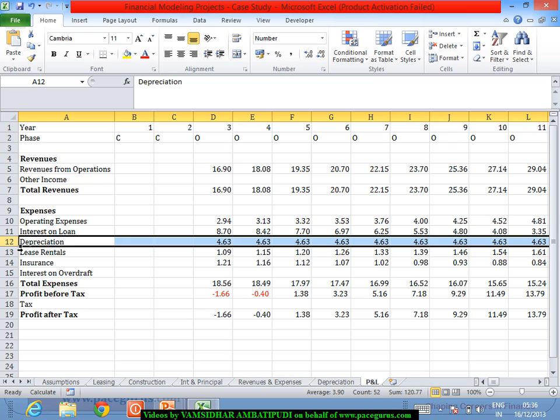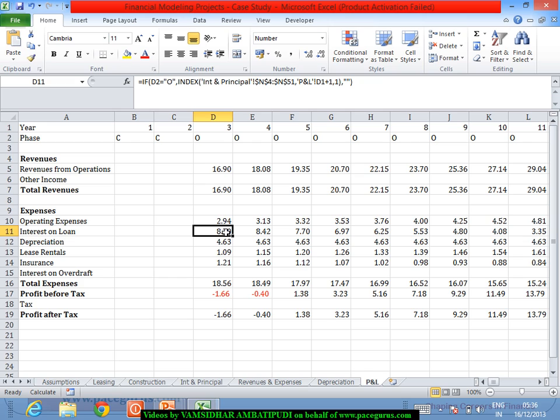Alright. The major thing stressed in this exercise is how well I can use the various formulas of Excel, because in this sheet we have used the index formula for pulling out the interest on loan.